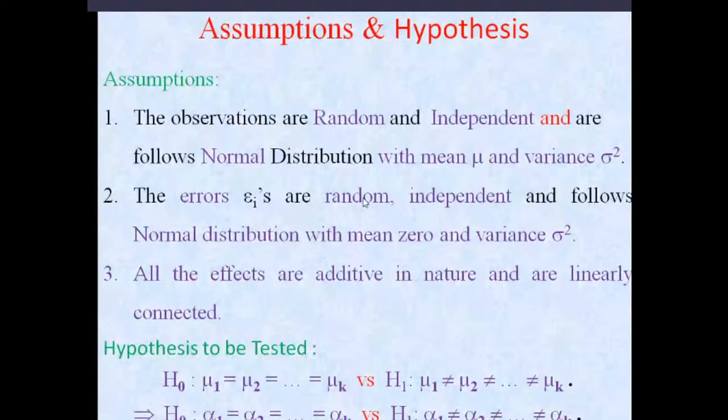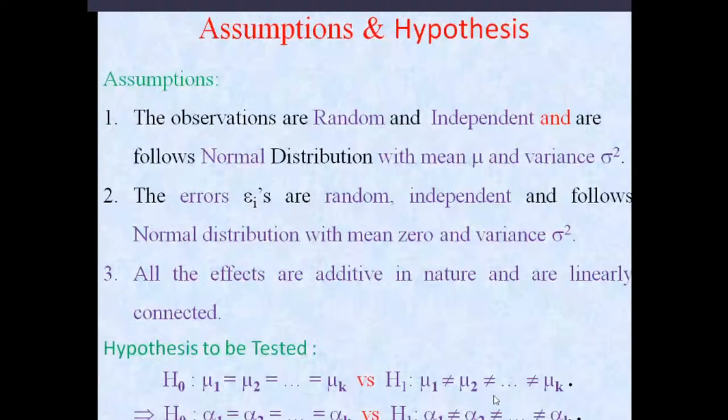All the effects are additive in nature. So whatever the effects, environmental effect or treatment effect, or some other effects, all can be added, which will give the total effects, and are linearly connected. Now H0: mu1 equal to mu2 and so on, all group means are equal or not.